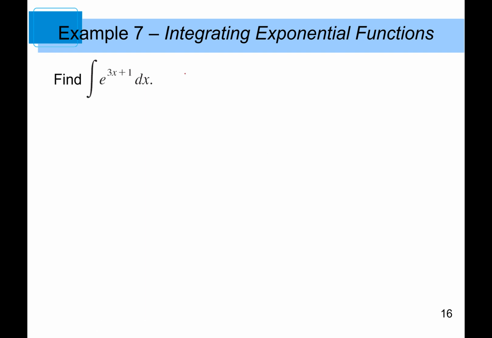In this case, u is not x, so we set u equals 3x plus 1, and then du over dx equals, we differentiate u with respect to x: the derivative of 3x is 3, the derivative of 1 is 0, so it's 3 plus 0, which is 3.